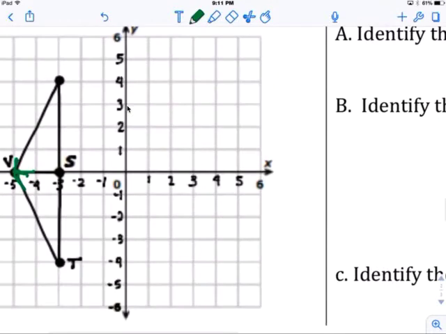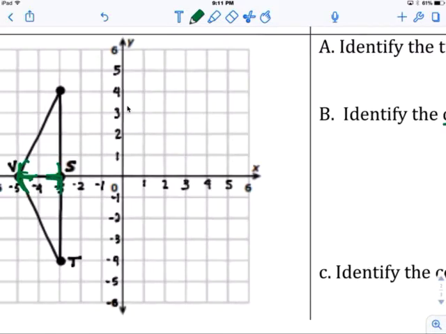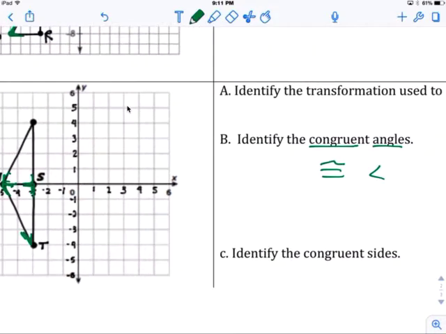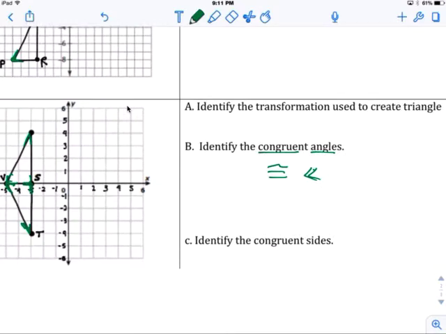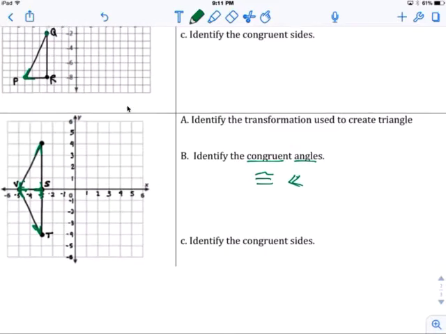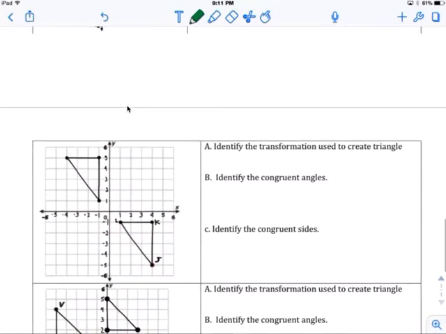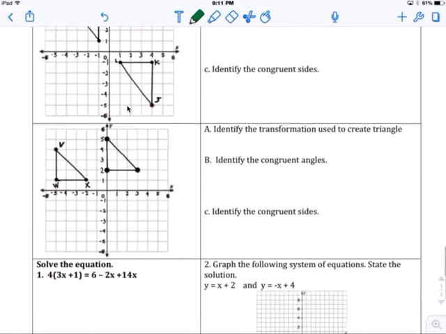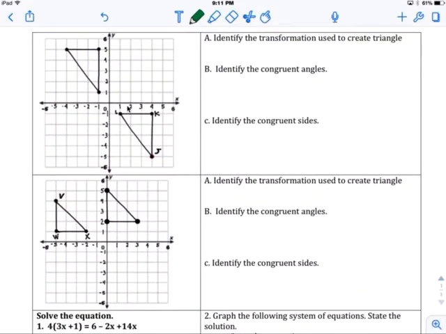But this angle is congruent to this angle. This angle is congruent to this angle here. This angle, see, it's just like the little Pac-Man, is congruent to this angle. I have to write it. I don't have all the letters here, oh gosh, I didn't write it on here. I hope I wrote it on your paper. But anyway, they're all the same through the rest.